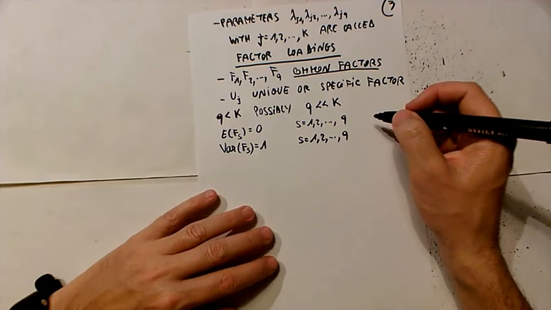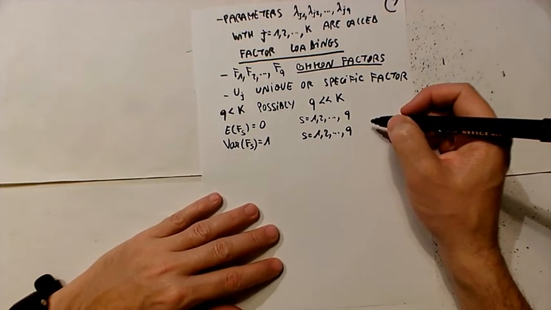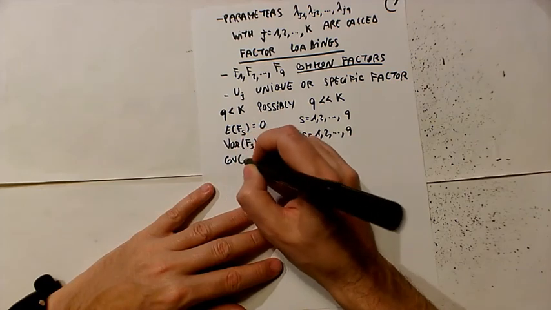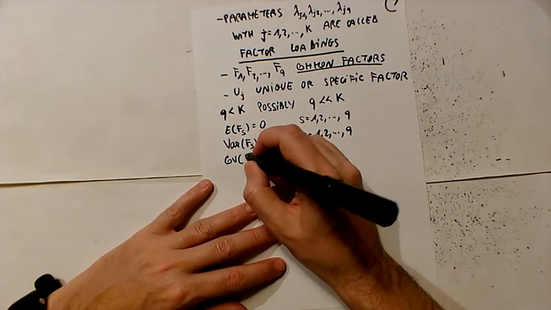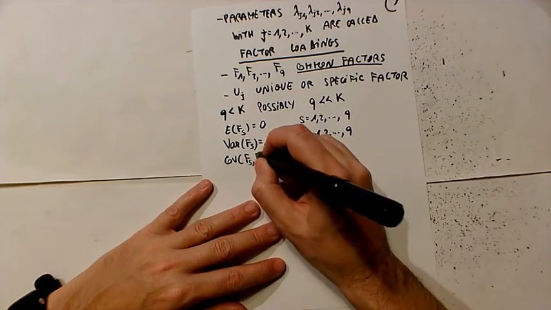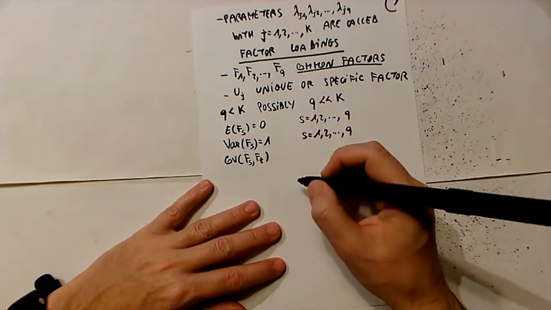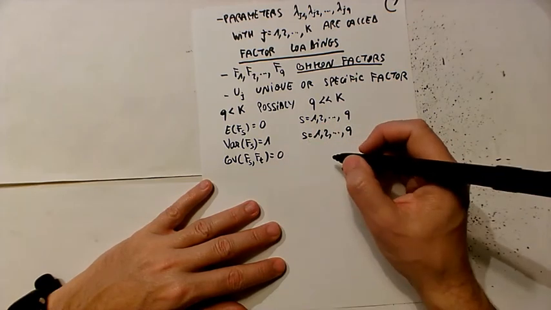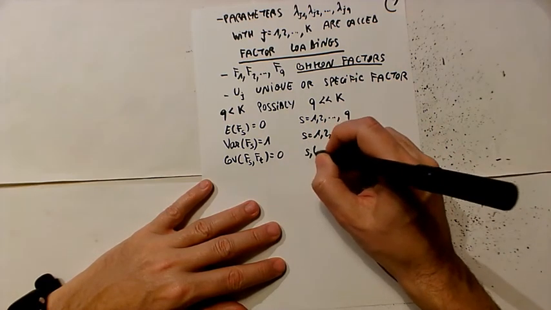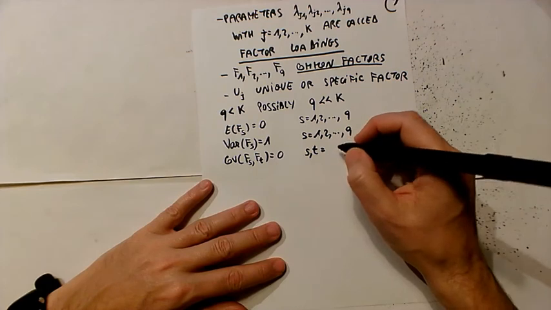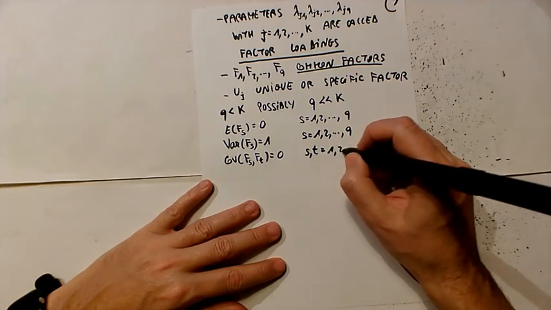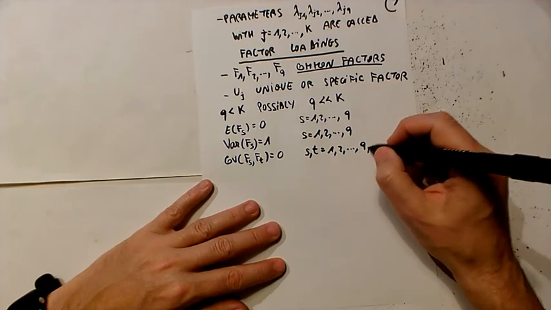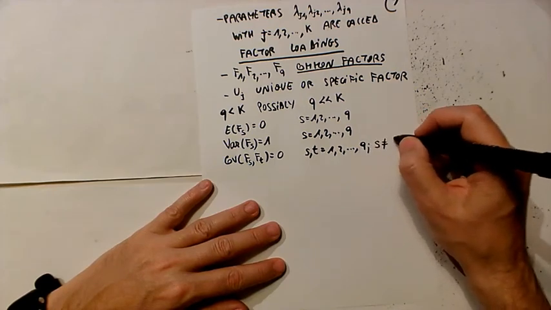So for every s, the variance of the factor fs must be equal to 1, and the covariance between fs and ft, a given couple of factors fs and ft, must be equal to 0, with s and t equal to 1 up to q, and s not equal to t.